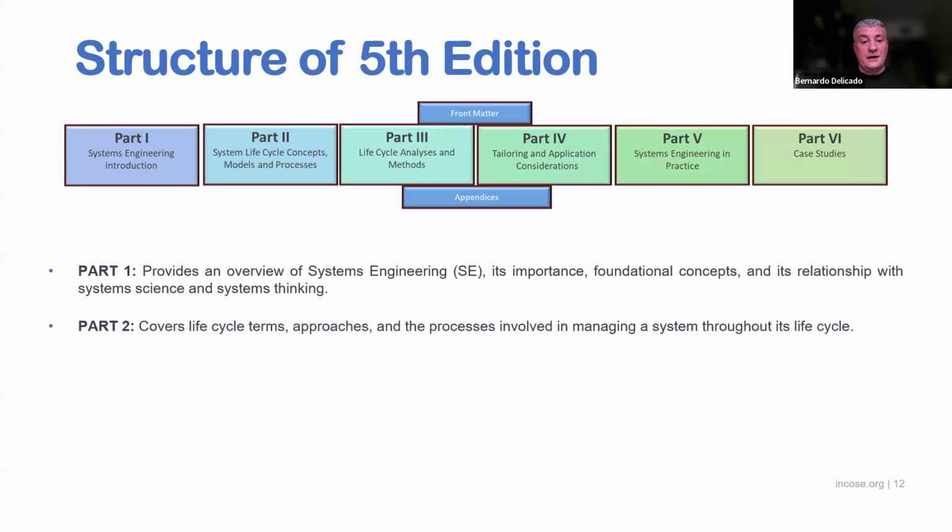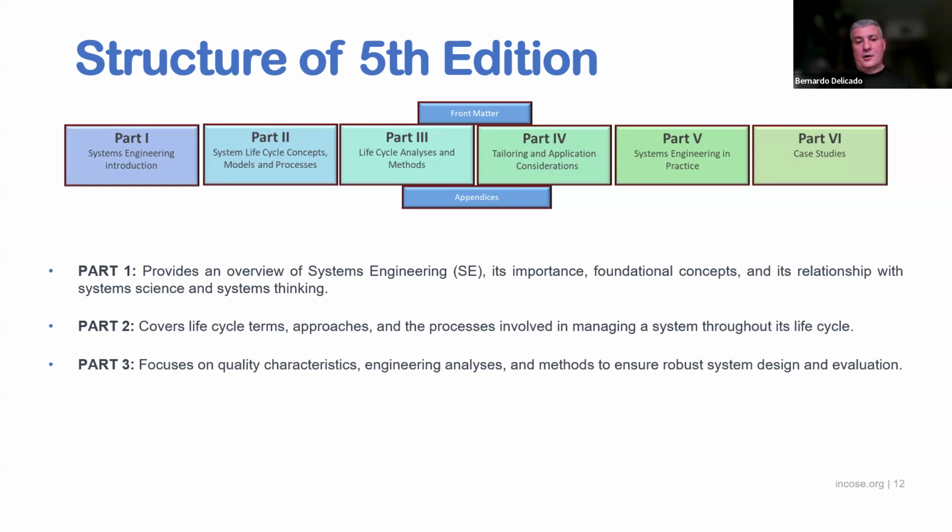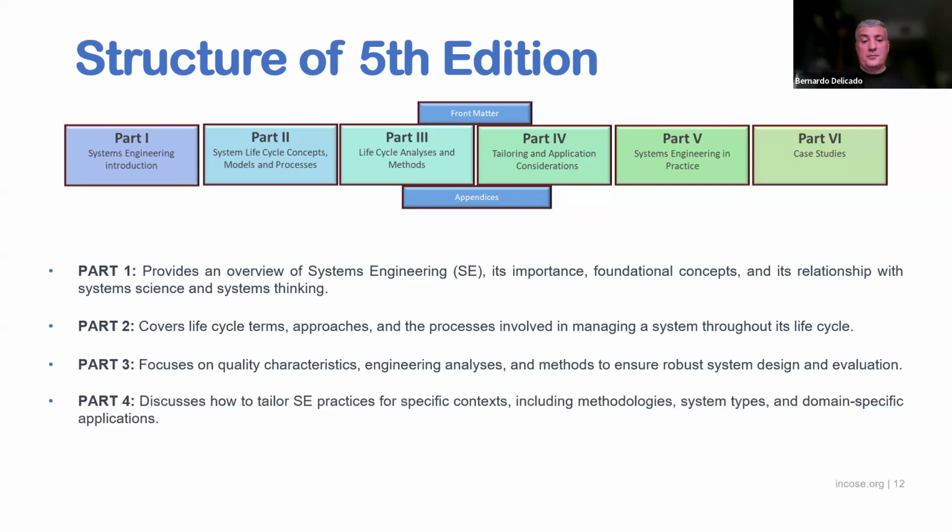Part 2 covers the life cycle terms, approaches, and the processes involved in managing a system throughout its life cycle. Part 3 focuses on quality characteristics, also the engineering analysis and methods to ensure robust system design and evaluation.